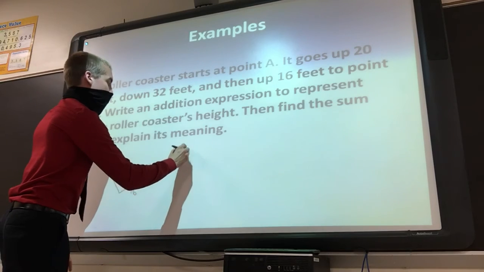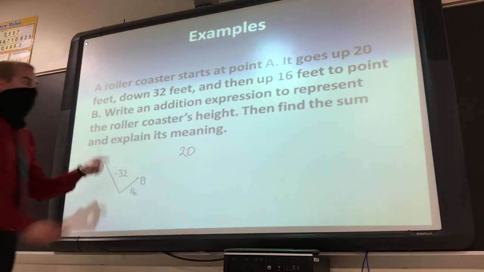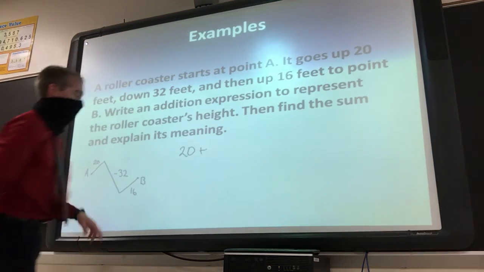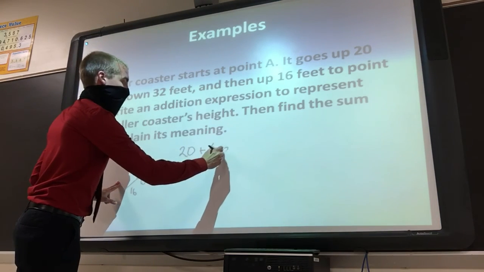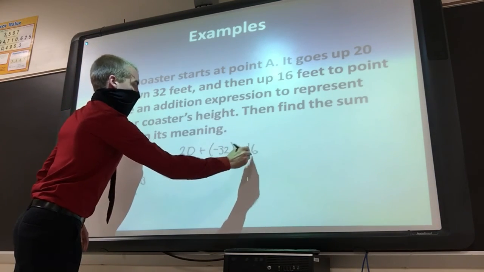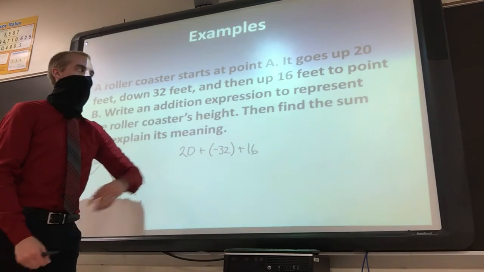So we got 20. Can we have a subtraction sign in this expression? What type of expression does it need to be? Addition. So we've got to add everything. That is why making 32 a negative is important. Since it's an addition expression, we've got to add every single number. So 20 plus negative 32 plus 16.